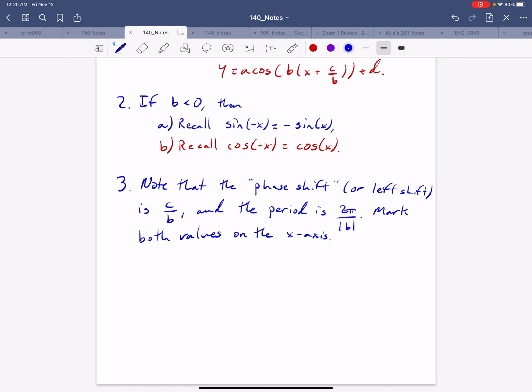Then step 4, note that the amplitude is the absolute value of a, and the upward shift is d.